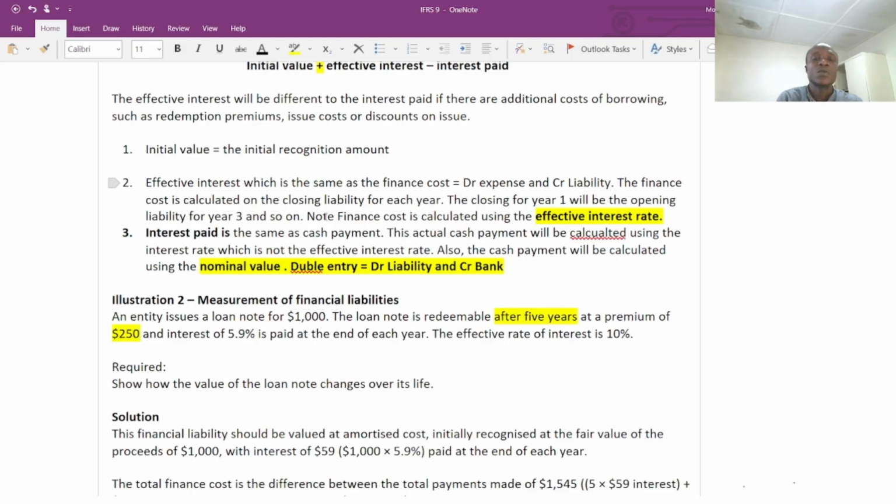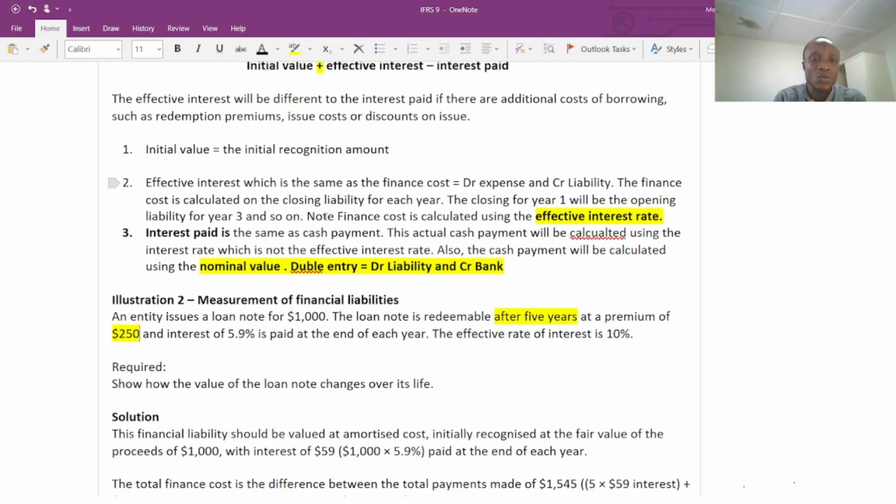So now we are going to talk about redeemable at a premium. Very important concept. If a loan note is redeemable at a premium, it means at the end of the loan agreement period, we are going to pay an extra amount in addition to the nominal value.